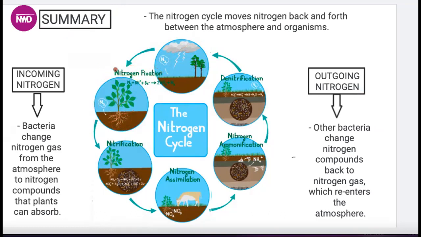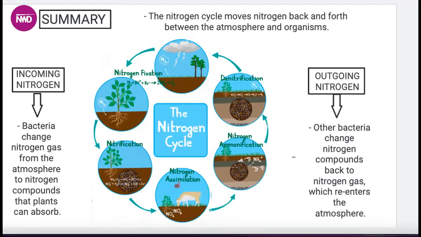Once nitrogen fixation happens, the bacteria convert the ammonium gas into nitrates in a process known as nitrification. After nitrification, this nitrogen is taken in by plants and animals in a process called nitrogen assimilation.